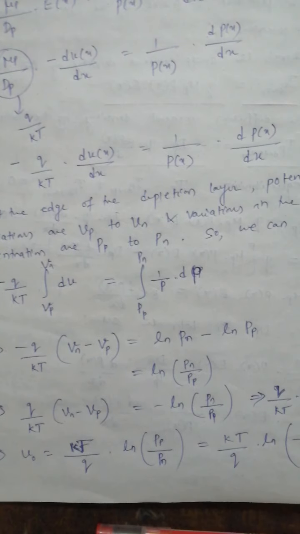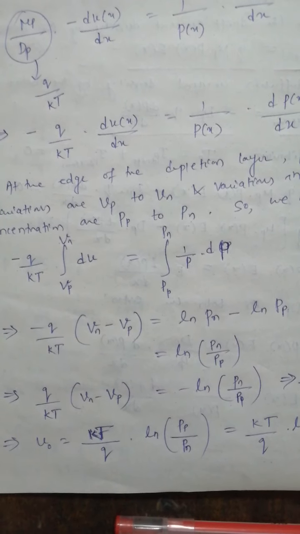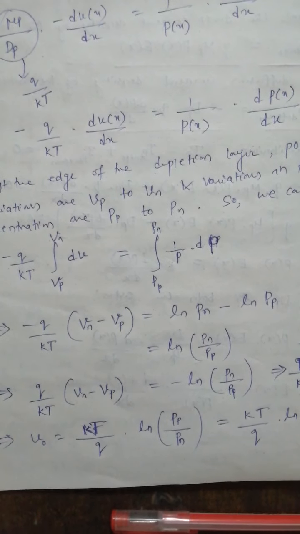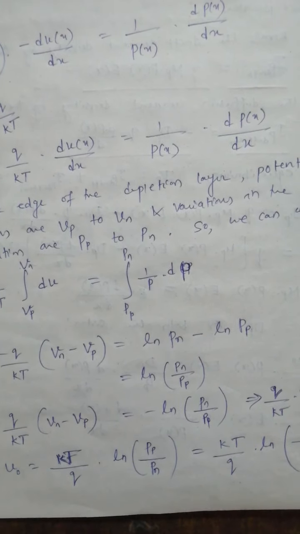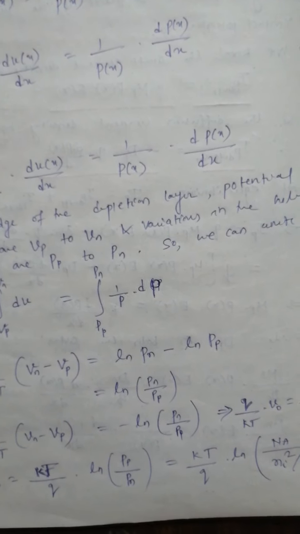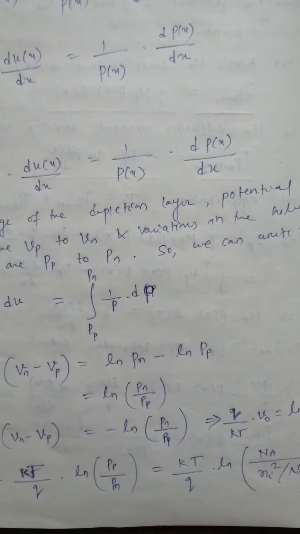Similarly, at the edge of the depletion layer, potential variations are Vp to Vn and variations in the hole concentration are Pp to Pn. So we can write minus q by kT integration from Vp to Vn of dV equal to the definite integral, with lower limit Pp and higher limit Pn, of 1 by p into dp.